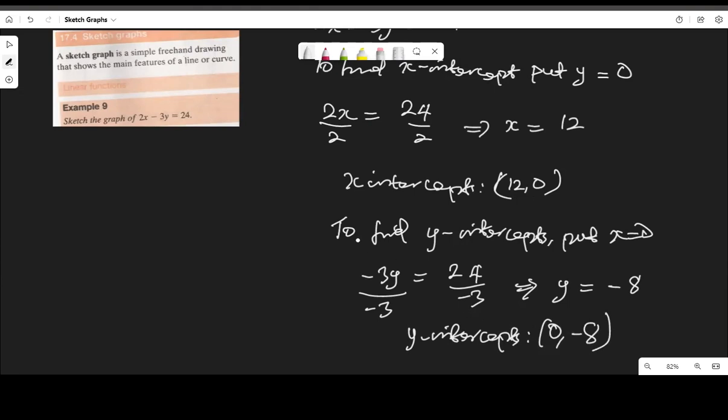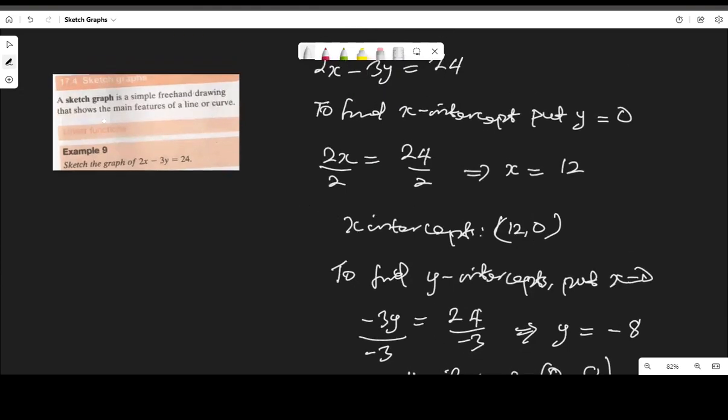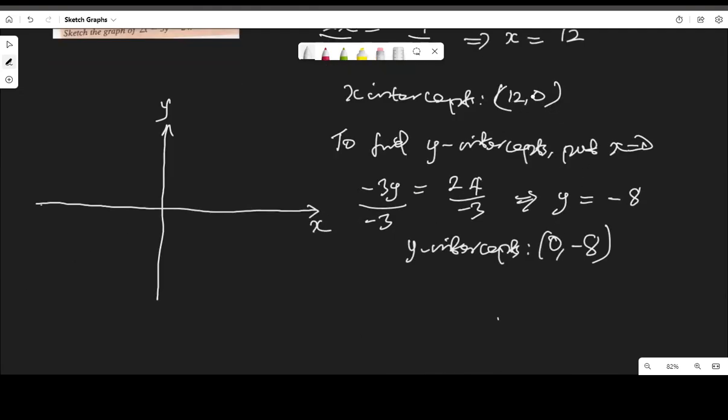So like we said earlier, a sketch graph is a freehand drawing that shows the main features of a line or curve. So we are going to use freehand to draw this. The x-intercept is (12, 0). We assume that the 12 is here. In freehand drawing we are not using any scale in this case.